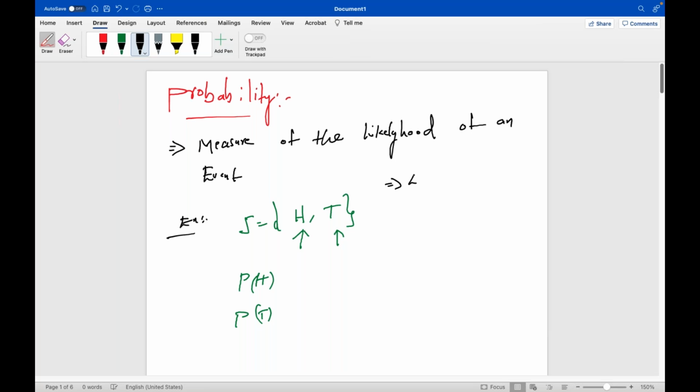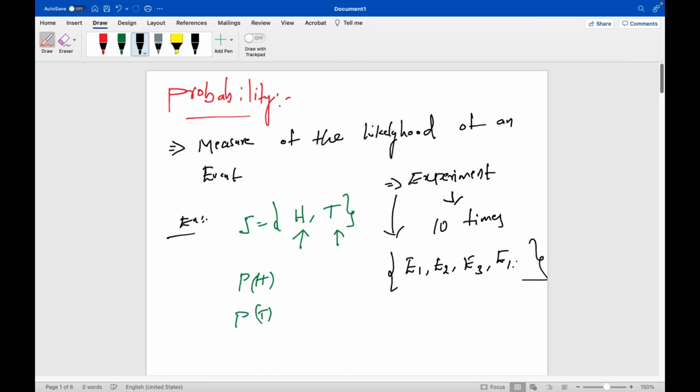When we are doing one particular experiment, say you did that experiment 10 times, each time we get an event. By experiment 1 we get some result, that is event 1. The second time we get event 2, the third time event 3, the fourth time again event 1, the fifth time event 2 again, and so on. If you do the experiment 10 times, you might get 10 events.